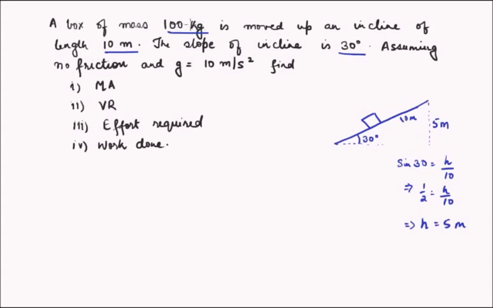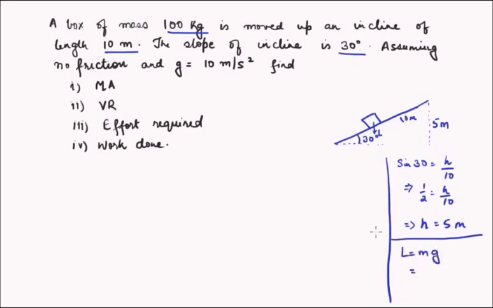Now we know that the mass of the block is 100 kg. And the load L will be given by, let me write it down here, L will be mass times gravity.